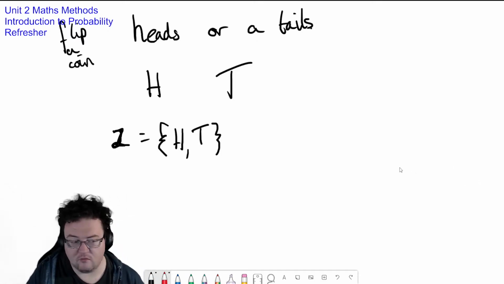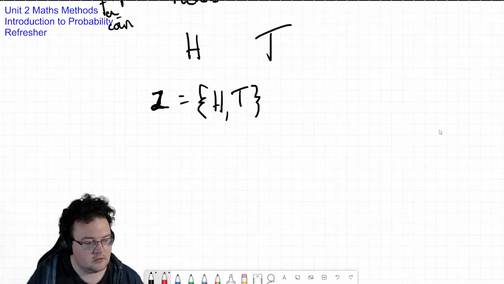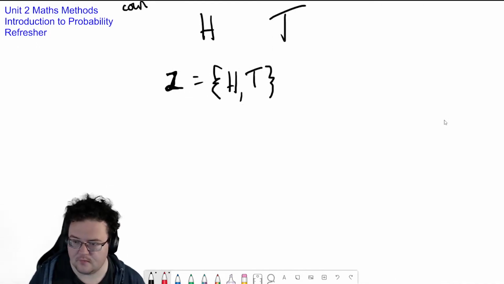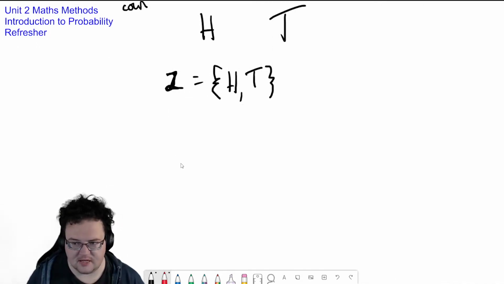If I was talking about rolling a dice, in particular a 6-sided die, what's the sample space that goes with a 6-sided die?